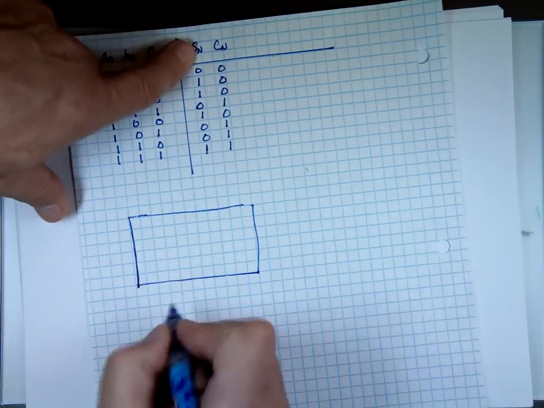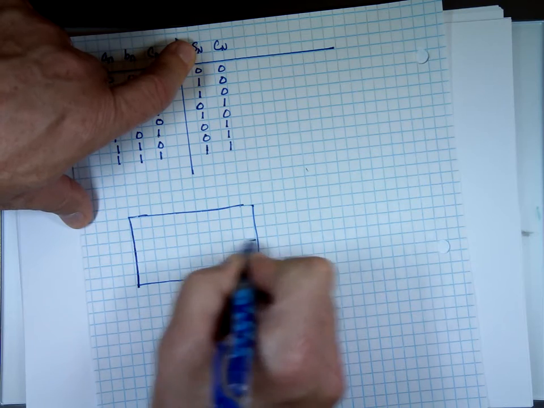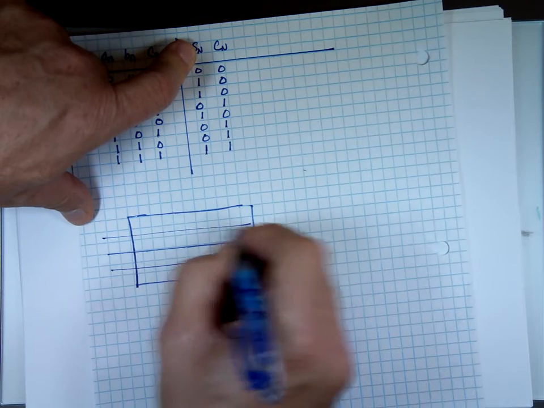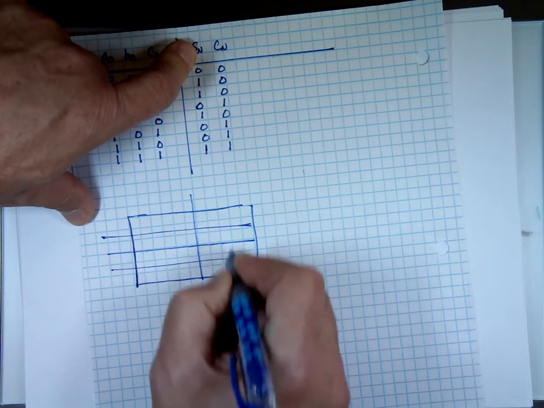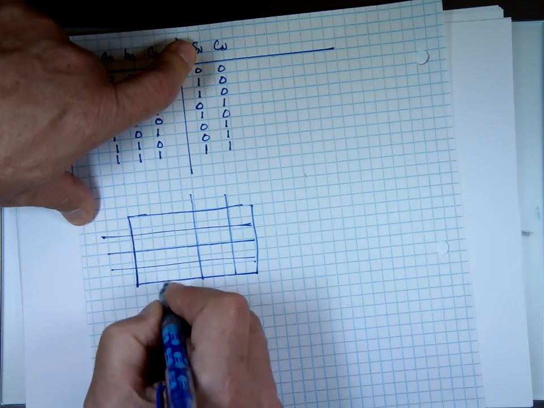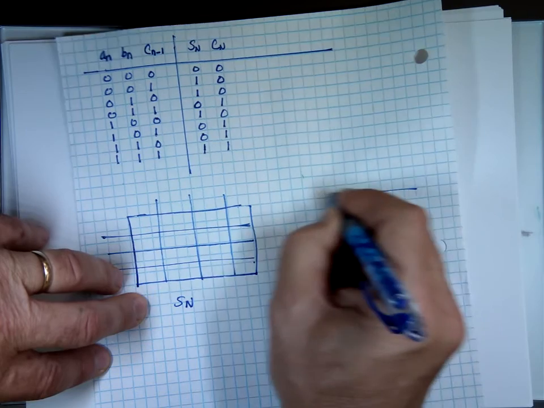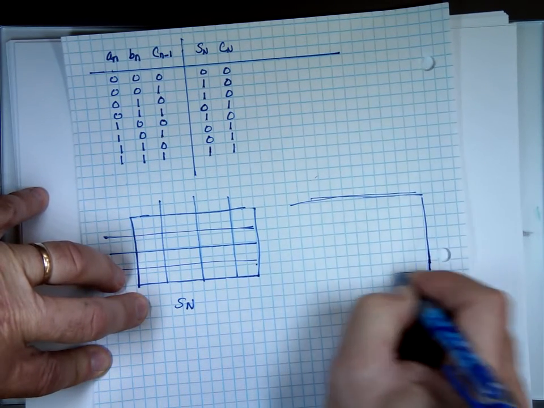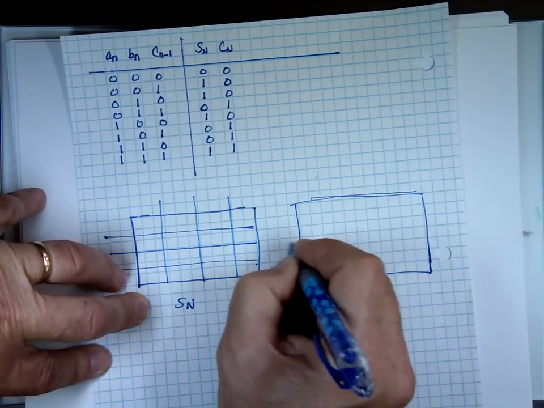One for SN and one for CN. And I'm going to build both of these.